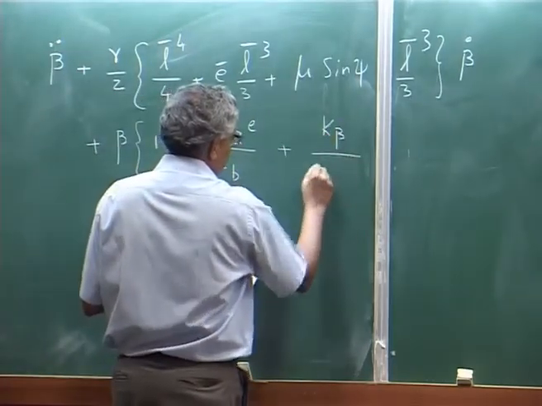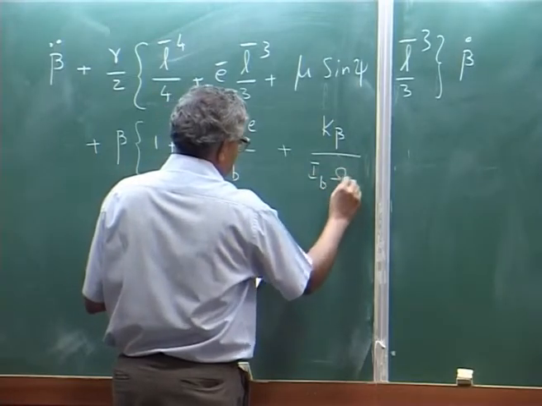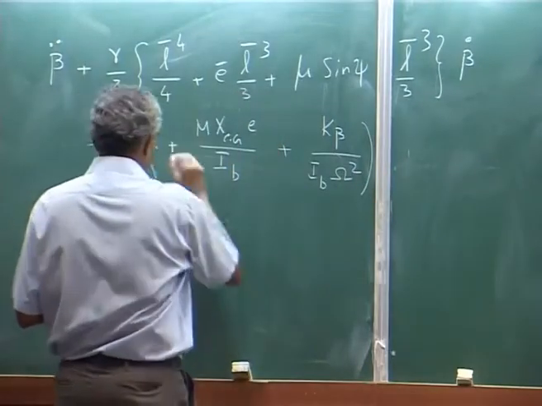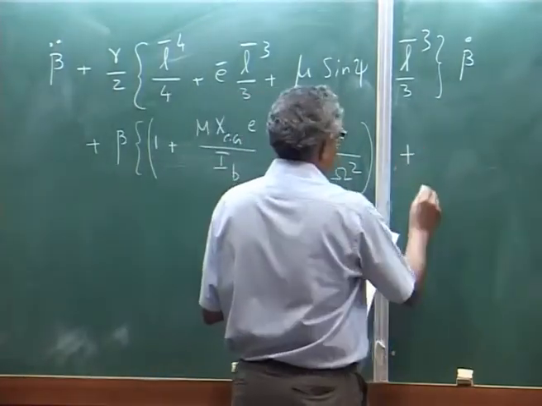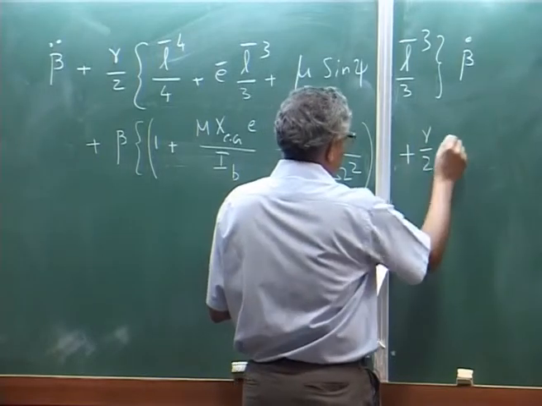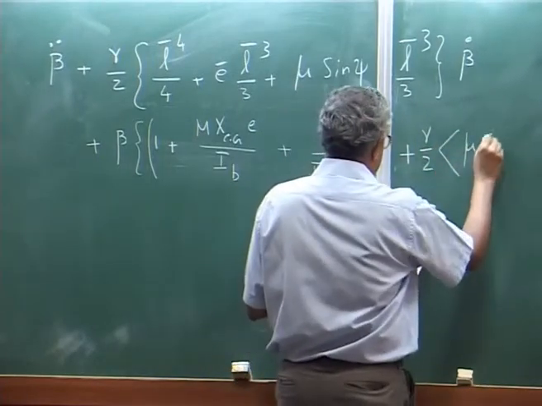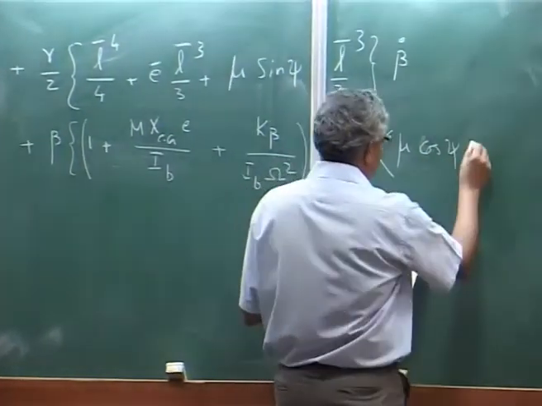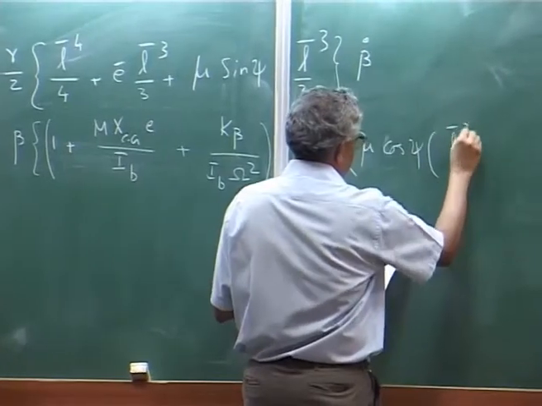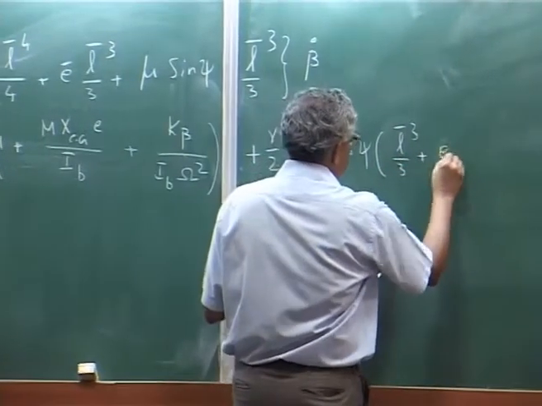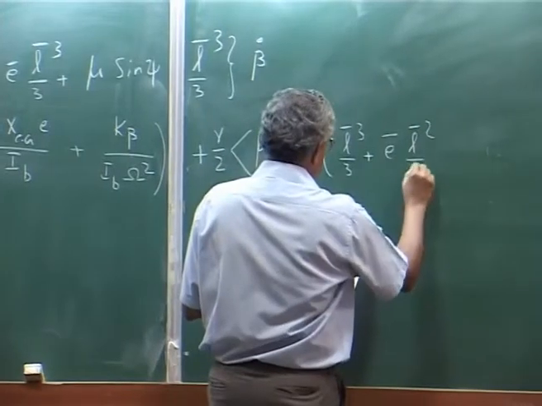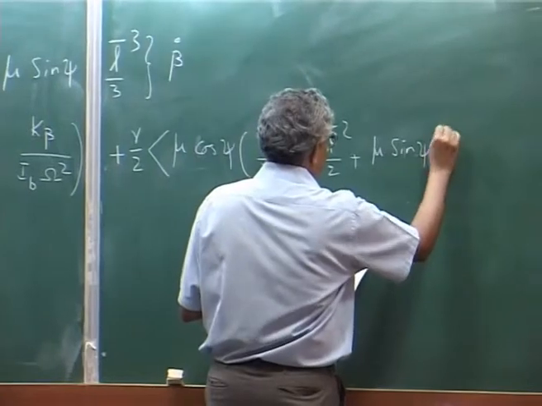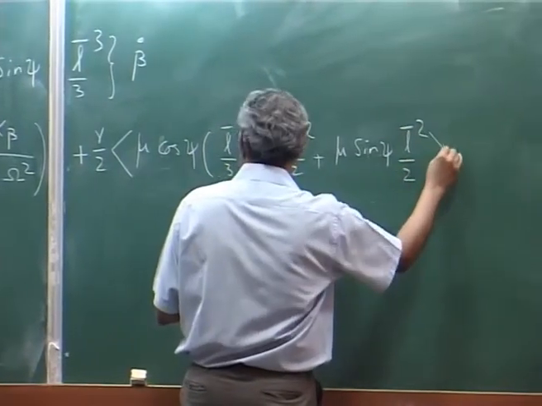This is the root spring I b omega square, this is one term, plus gamma over 2 mu cosine psi L bar cube by 3 E bar 2 plus mu sin psi L bar square over 2.